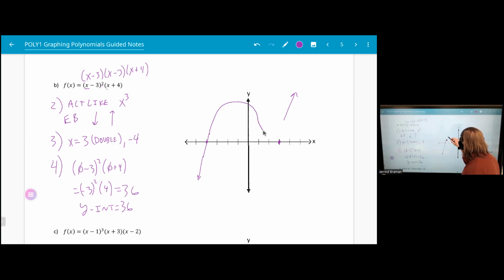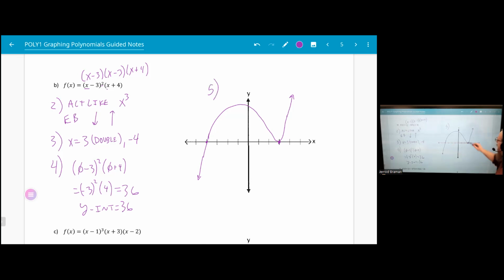Oh, this is interesting. It's going to bounce because this is a double root. Bounces off. I'll just make my own here. Bounces off and goes to positive infinity. Remember that double root bounces. So that's exactly what we made it do. I love this right here.